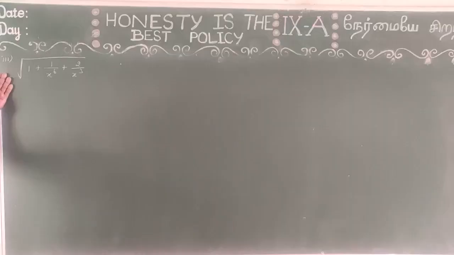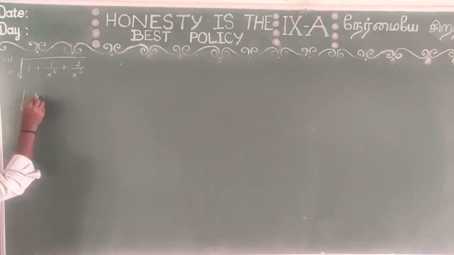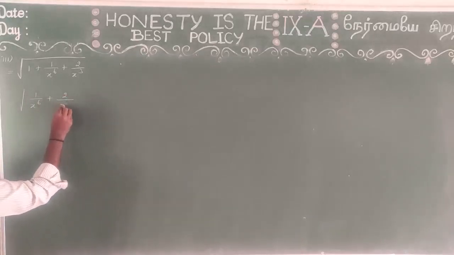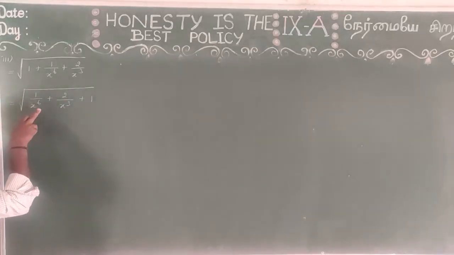That's all. Third subdivision: square root of 1 plus 1 by x to the power 6 plus 2 by x cube, that is equal to root of 1 by x to the power 6 plus 2 by x cube plus 1, that is a square plus 2ab plus b square format.